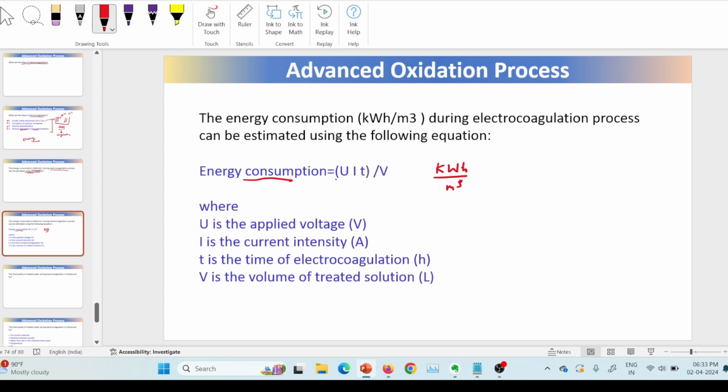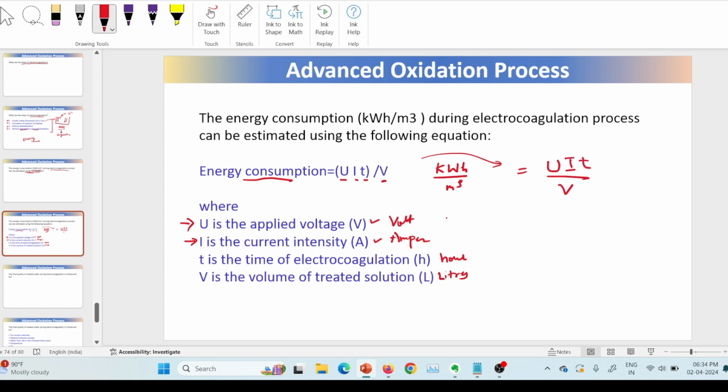The energy consumption is UIT by V, where U is the applied voltage in volts, I is the current intensity in amperes, T is the time of electrocoagulation in hours, and V is the volume of treated solution in liters. So the formula is UIT by V.